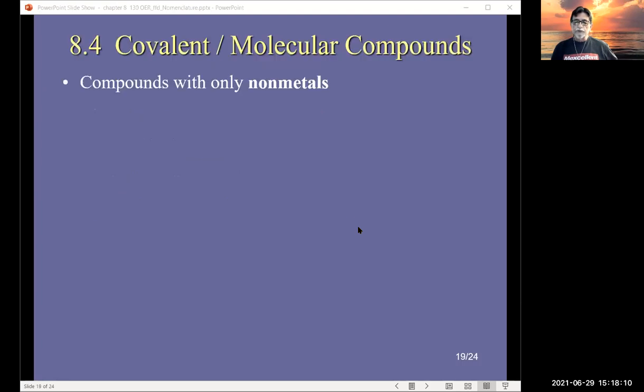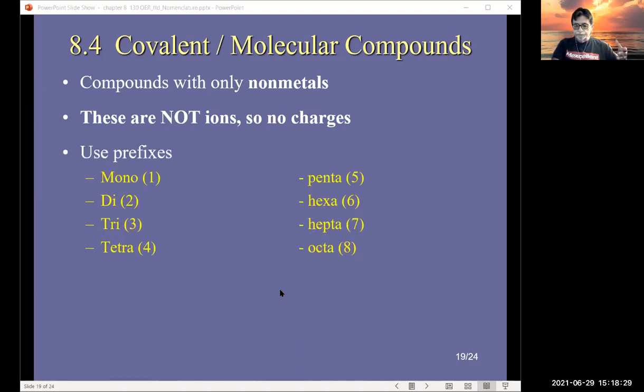When it comes to covalent, AKA molecular compounds, again, these are made up of nothing but nonmetal combinations. So they're not ions, but they have an oxidation number, and we use prefixes.